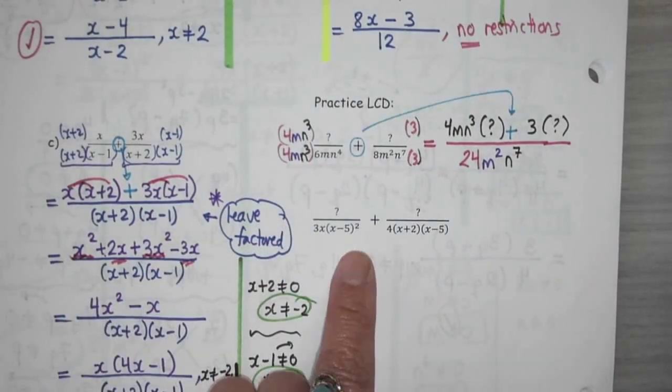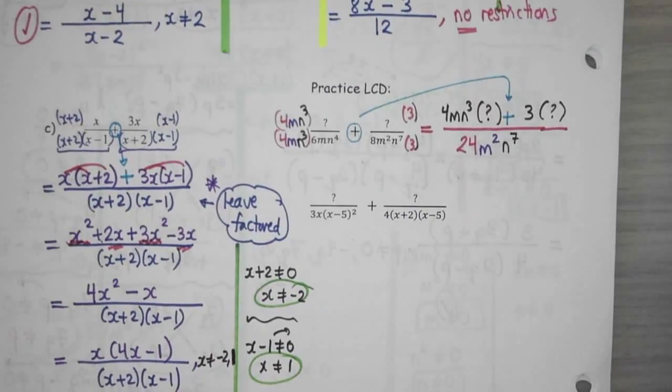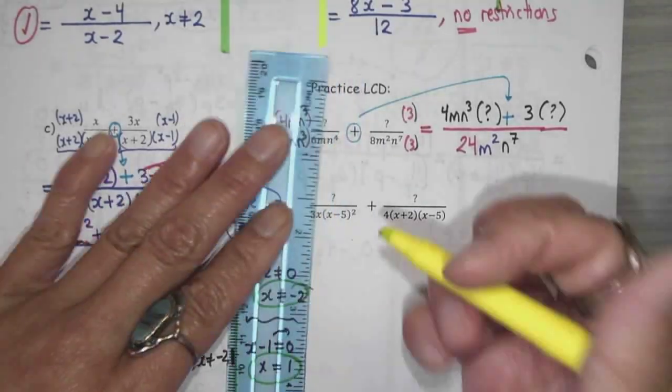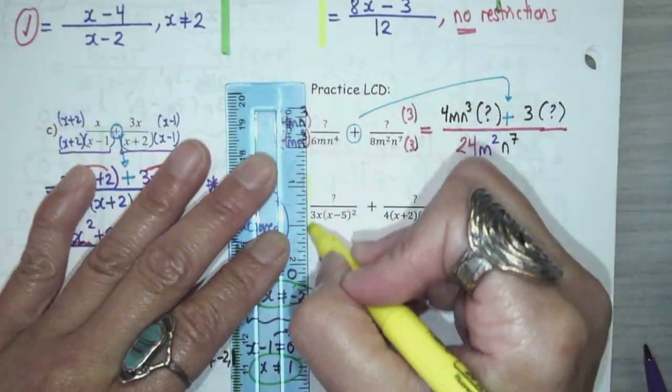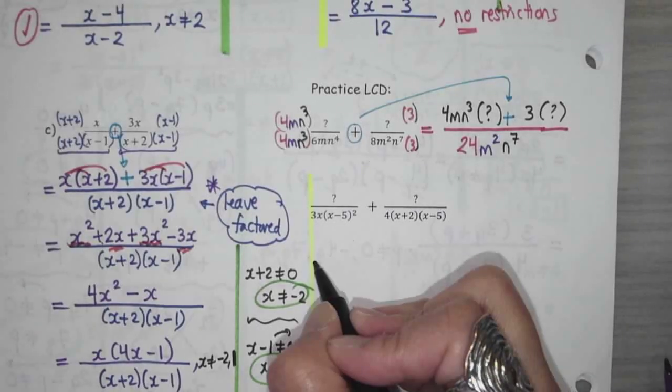Okay, let's try it again with monomials and binomials. So here, I'm going to do my equal sign under. Again, I'm just using a ruler, just trying to keep my notes neat so you guys can read it. And we've got equals.